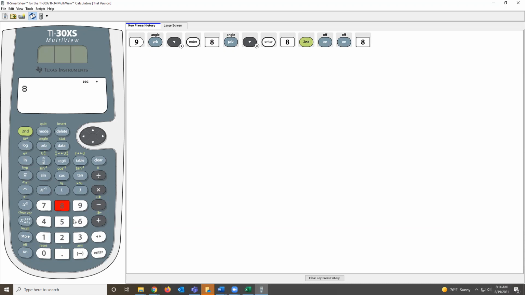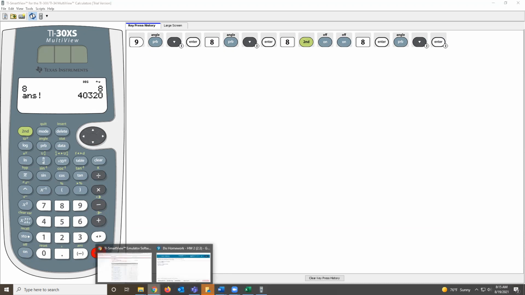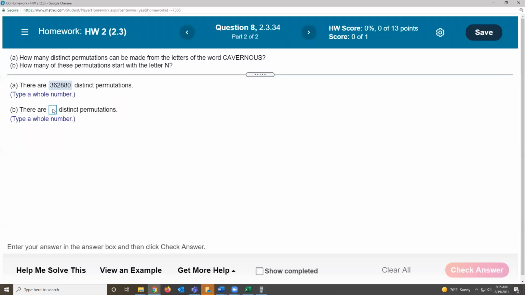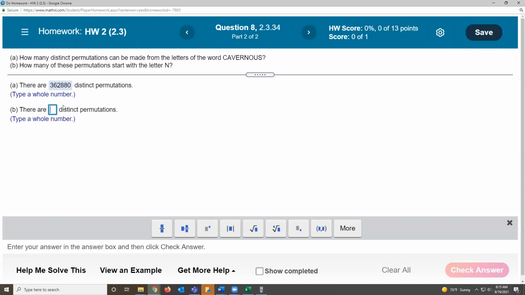So 8, PRB, factorial, enter. 40320. I did it in a bit longer way. I could have just done 8 PRB and then factorial. So 40320.